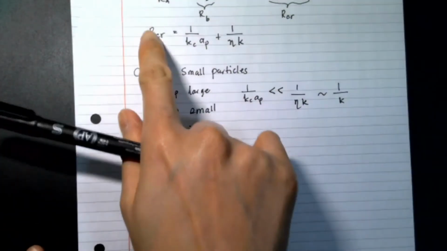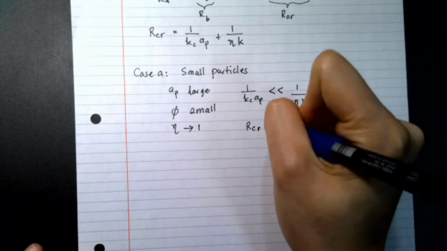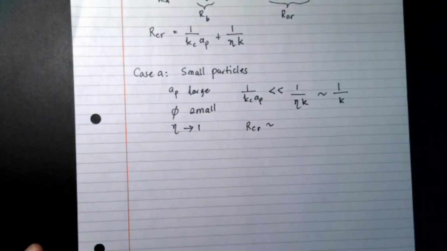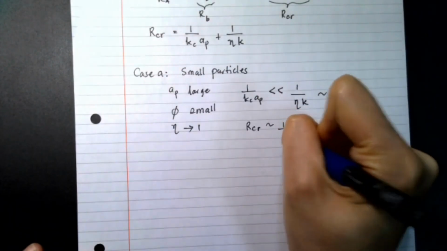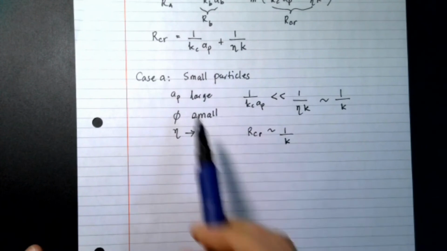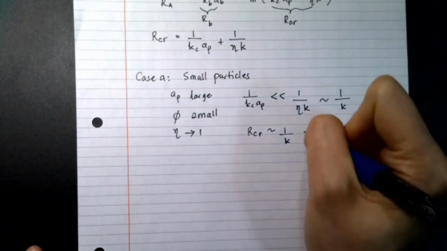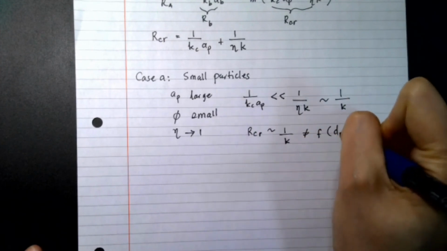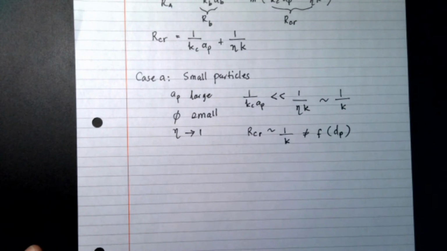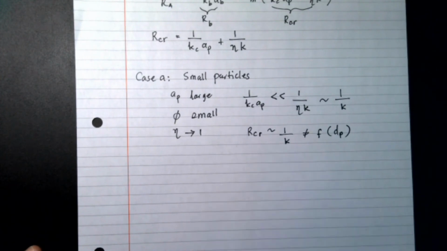So therefore, RCR is approximately 1 over K, because we can drop this term here, and eta tends to 1. So RCR is not a function of the particle diameter, because K, the reaction rate constant, is not a function of the particle diameter.